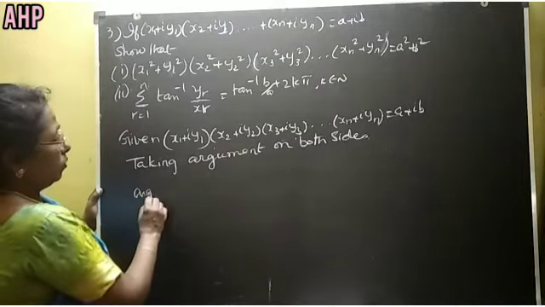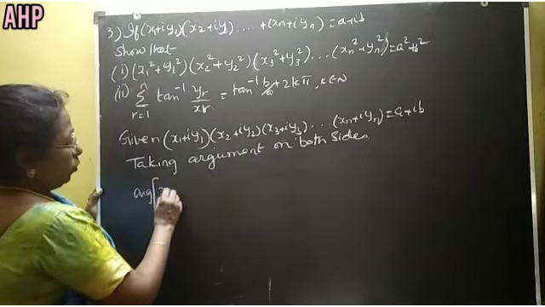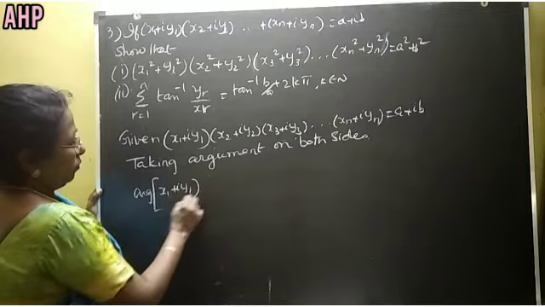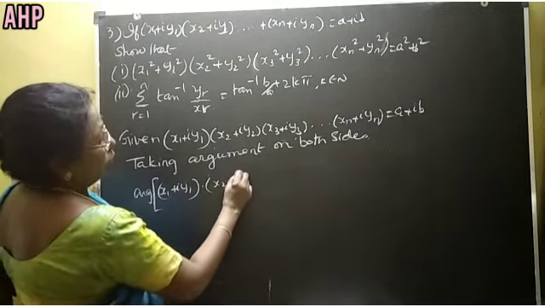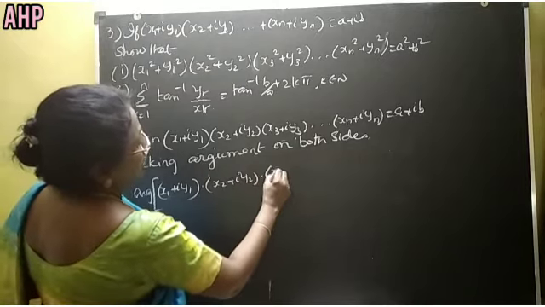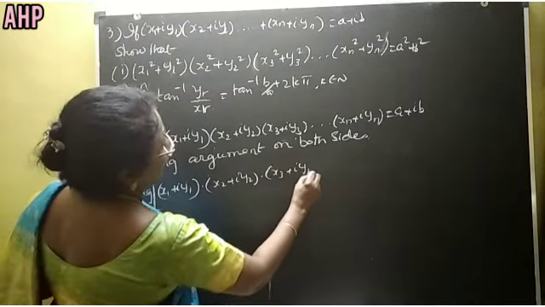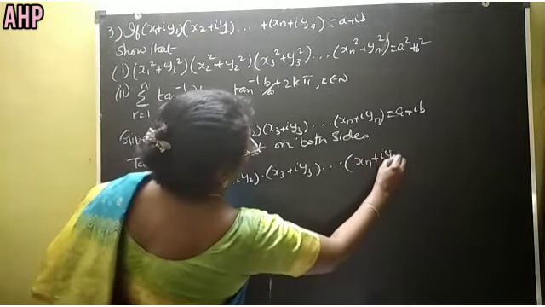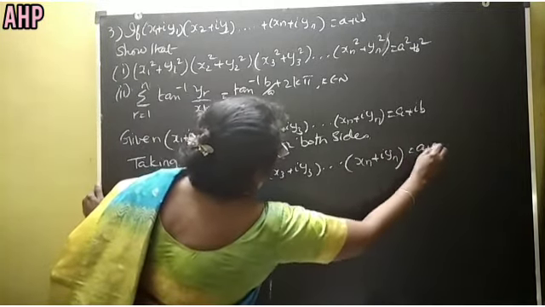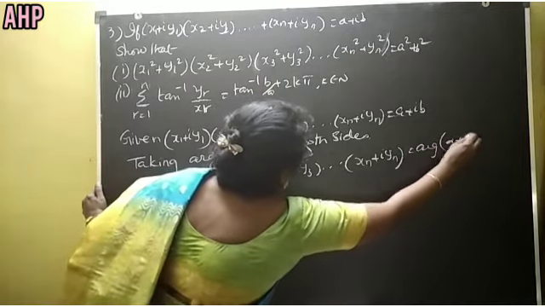Argument of (x1 + iy1)(x2 + iy2)(x3 + iy3)...(xn + iyn) is equal to argument of a + ib.